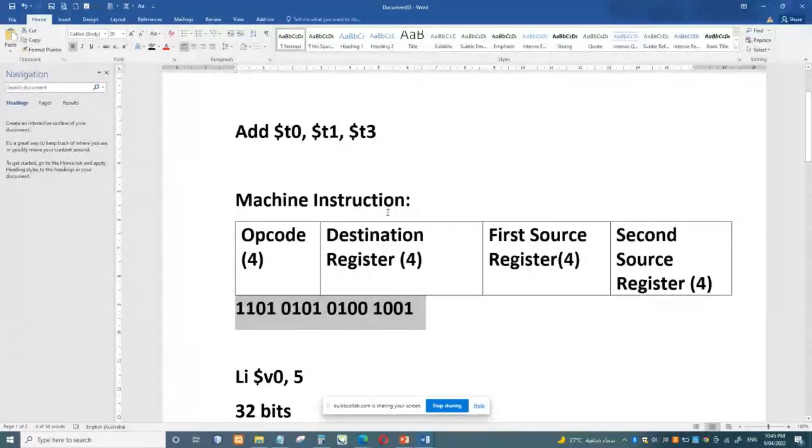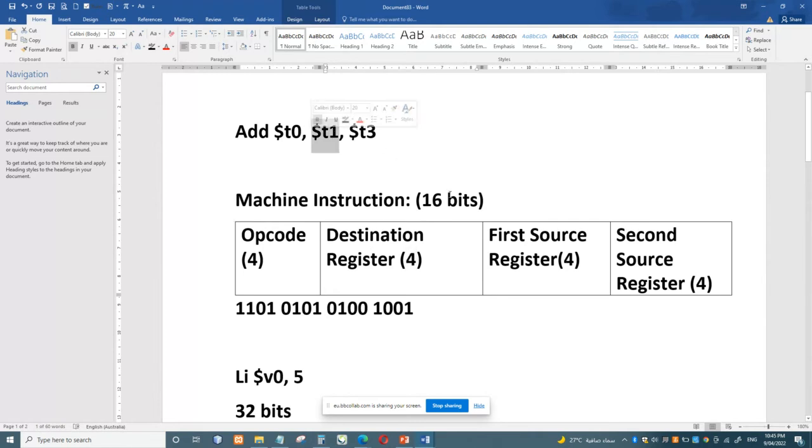You have to specify the register number. So if it is a 16-bit machine instruction, we can use 4 bits for our destination register, 4 bits for our first source register, and 4 bits for our second source register.